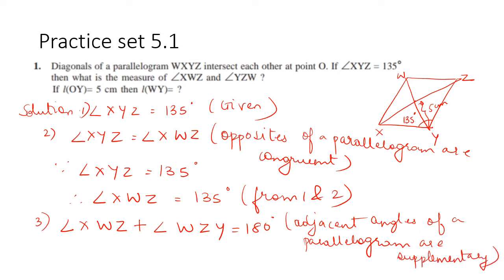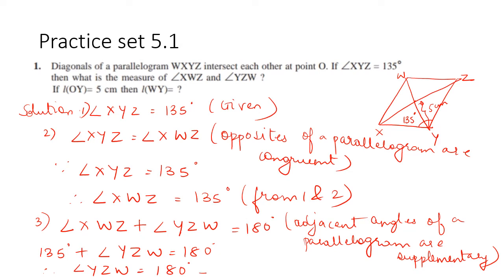Okay, so XWZ, just now we found out that it is 135 degrees, plus WZY, or I can even write this as YZW, is equal to 180 degrees. Therefore, angle YZW is equal to 180 minus 135 degrees.